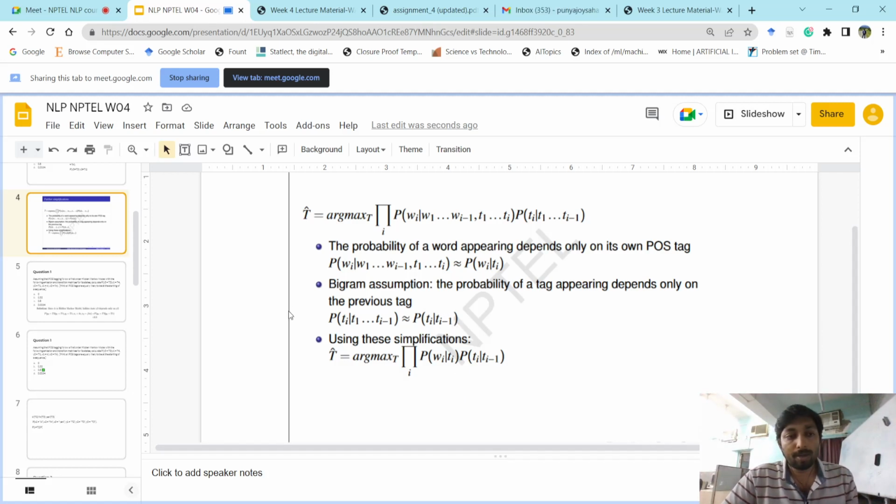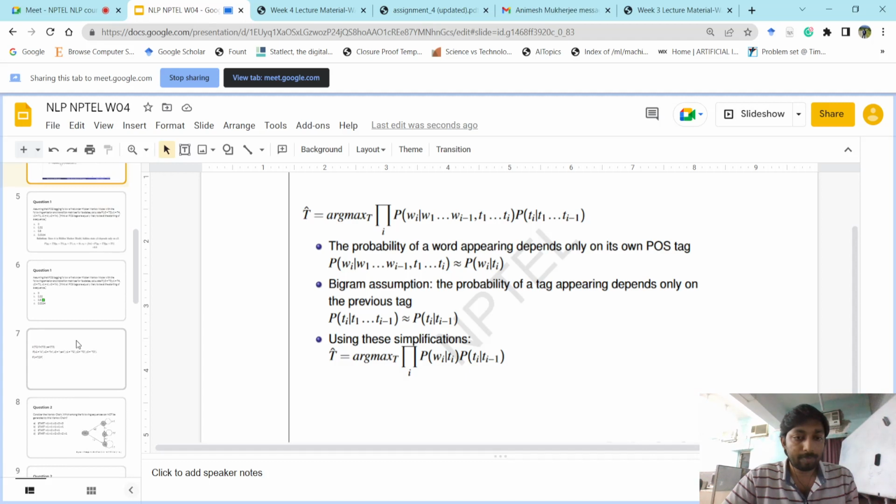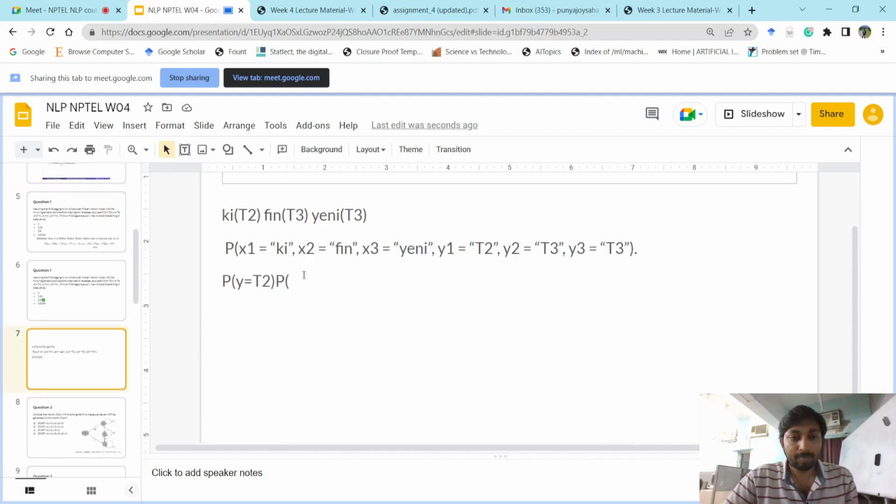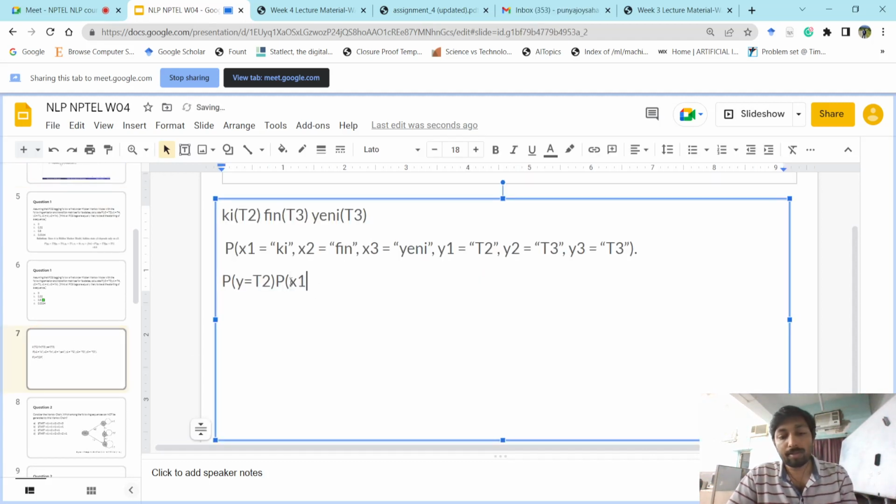But what after that? After that it is x1 given y1 equal to t2. Yeah, correct, you have got the point.